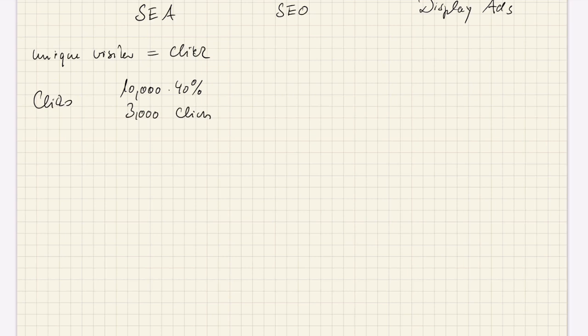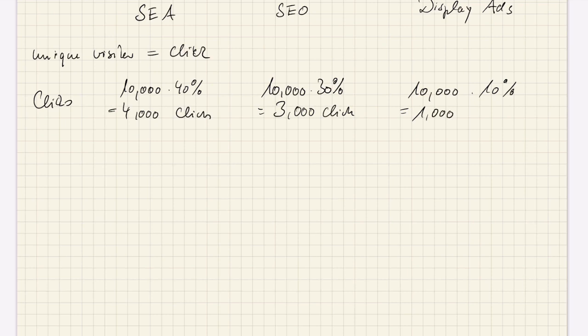SEO, same type of calculation, 10,000, but now times 30%, and we will end up with 3,000 in here. And we do have 10,000 times 10% for the display ads, and we will end up with 1,000 clicks in here.